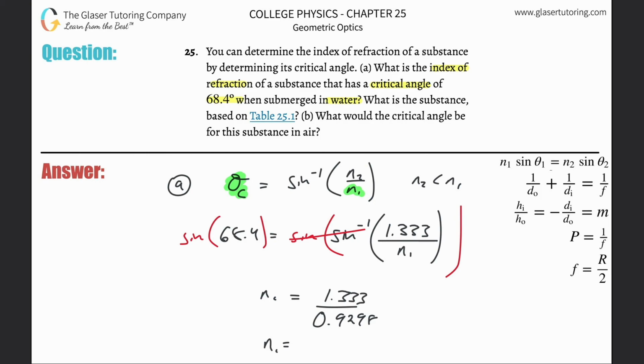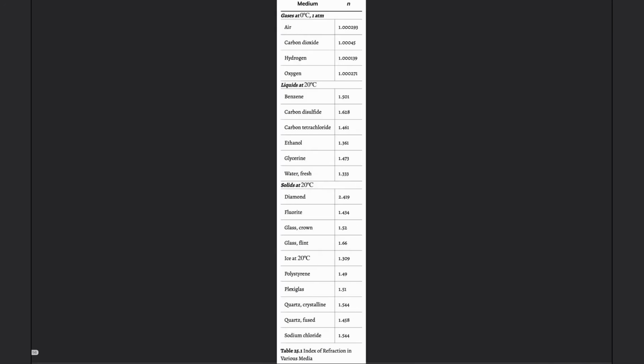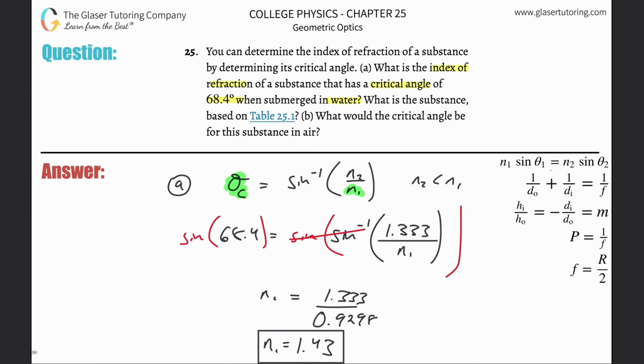And this now is the index of refraction. This is 1.43 or so. So this is now the index of refraction for that unknown material. All right. So let's look this number up on our table, 1.43. Oh, look, if you look at the rounding, this is pretty much it. Fluorite. So the material here is fluorite.